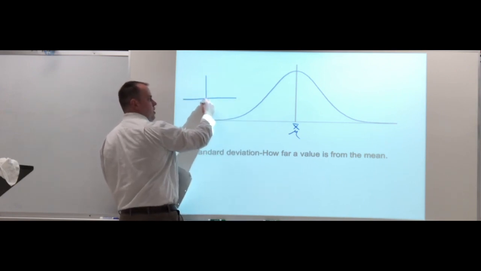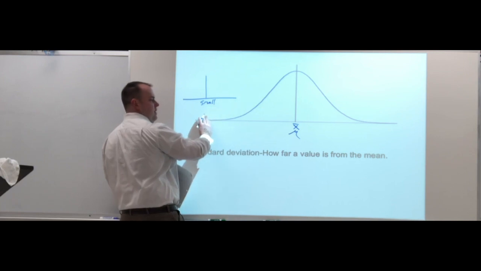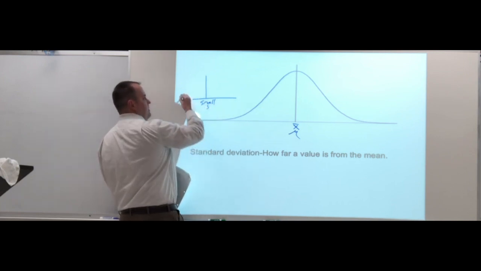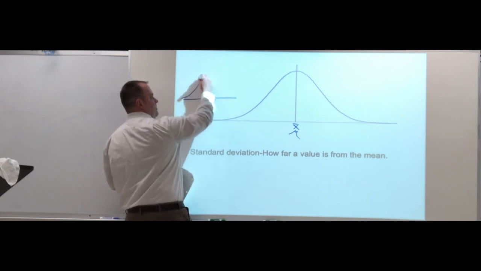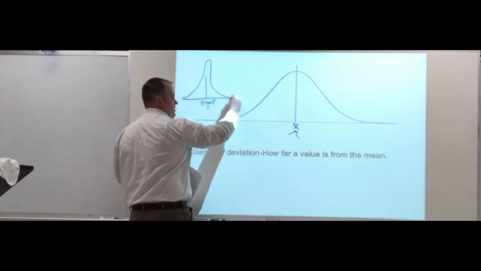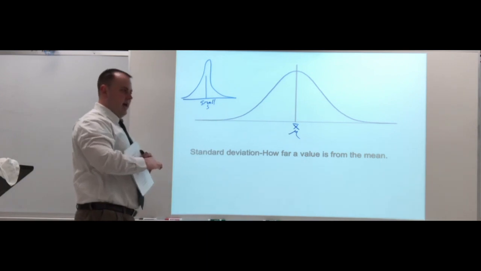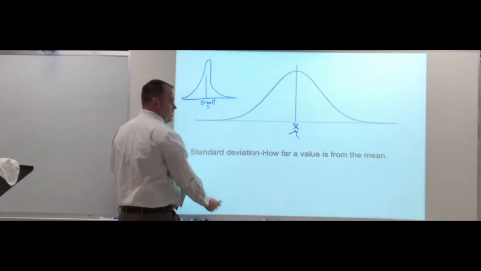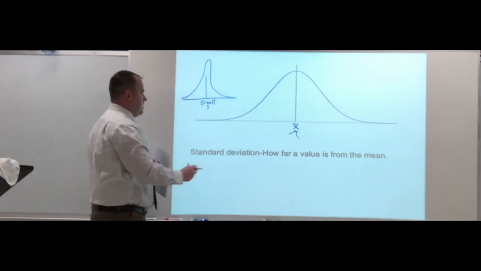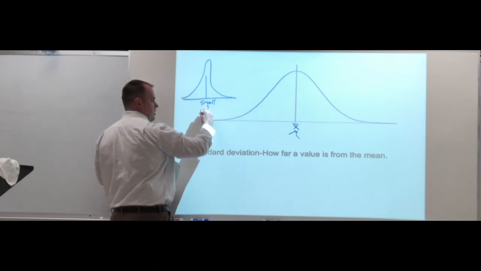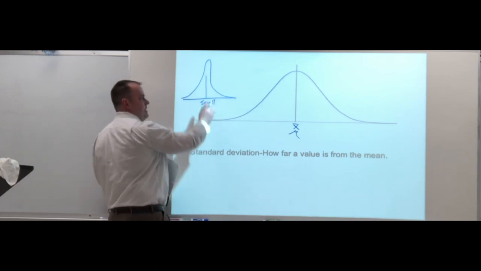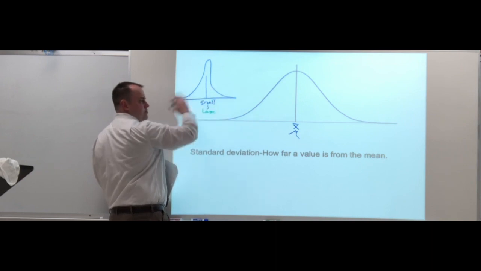If we have a small standard deviation, and the sample standard deviation is going to be s, that means our normal density curve is going to be tall and skinny. Now, if we had a larger standard deviation, the green is our large one, that means things aren't as close to the center. Things are spread out more.